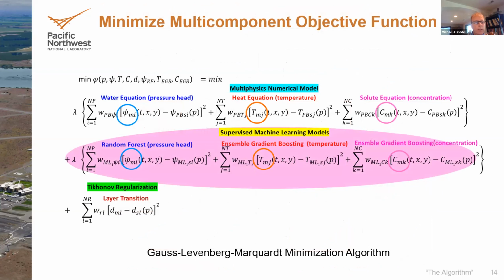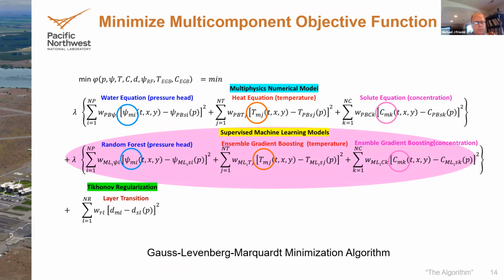The multi-component objective function is the 3rd part of the physics-informed learning algorithm. This illustration shows the minimization of differences between the measured and predicted pressure head, temperature, and solute concentrations when using the multiphysics numerical model as the first component and machine learning as a second component.